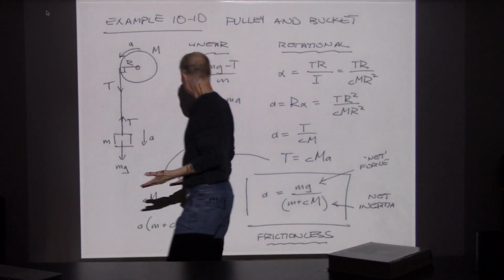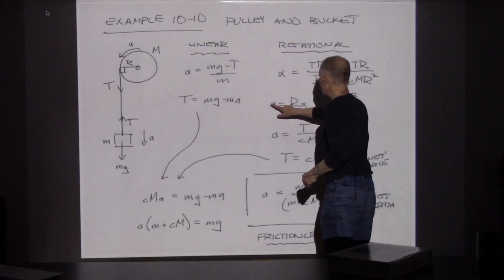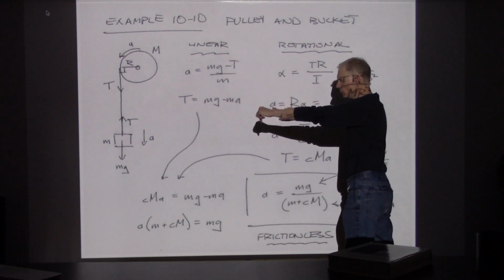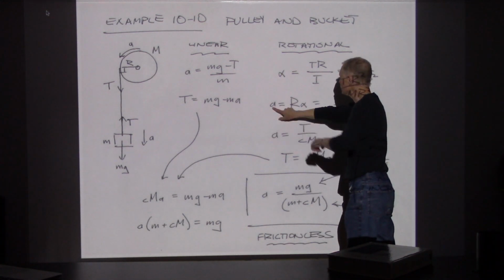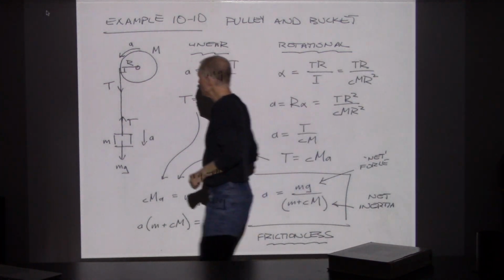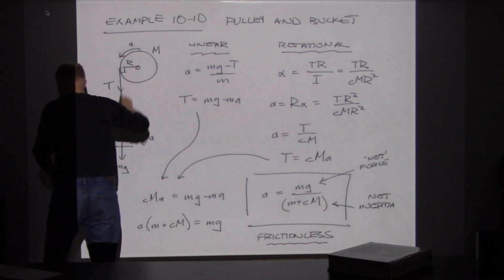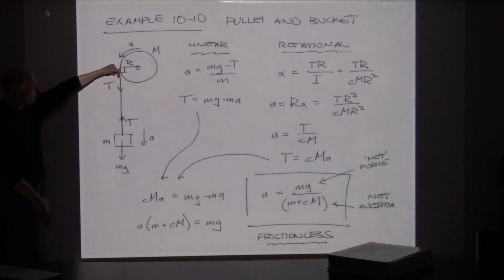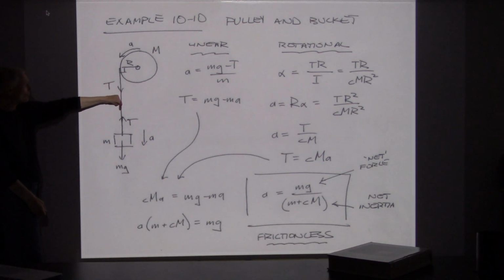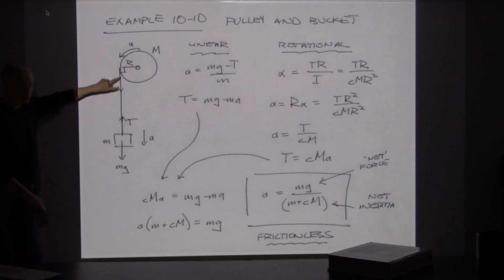Now, how are those two going to be related? The linear acceleration of the bucket, when it's dropping, is going to be equal to r times alpha, where alpha is the rotational acceleration. The rate at which the bucket accelerates downwards is going to match the tangential acceleration, right?